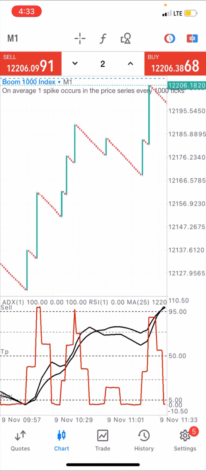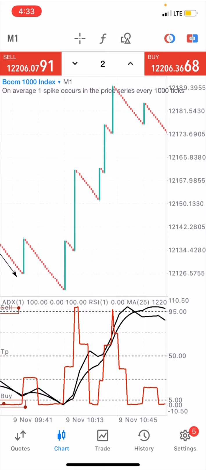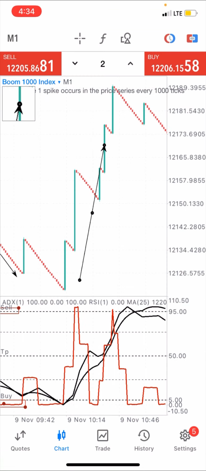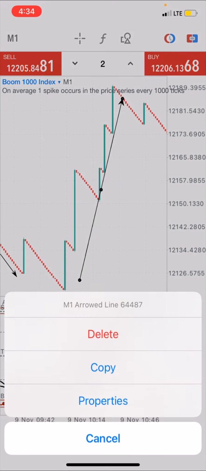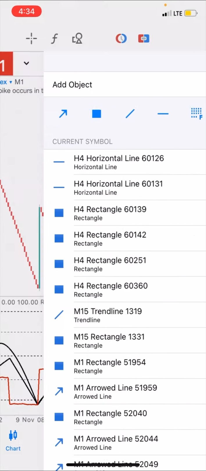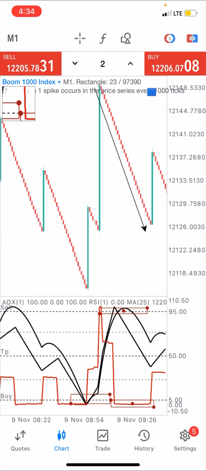We keep going, we keep back testing, and we see other areas where the same thing keeps happening. The two black lines cross above each other on that level, and then they start going upwards, and then what you see are just multiple spikes on my chart right now. This is another example. It happened again, just like I explained.